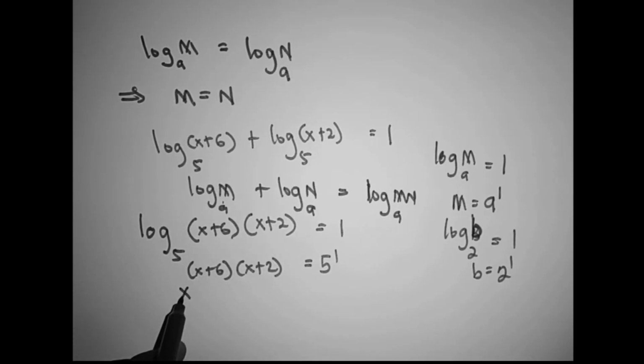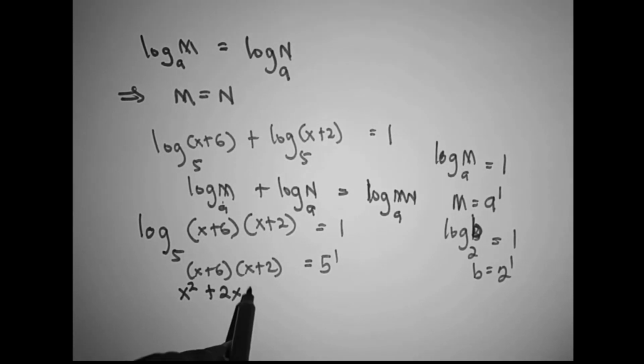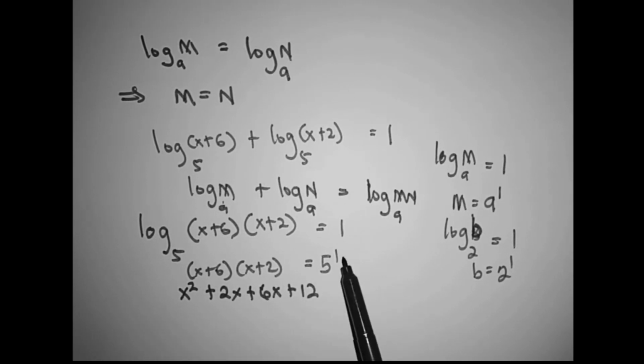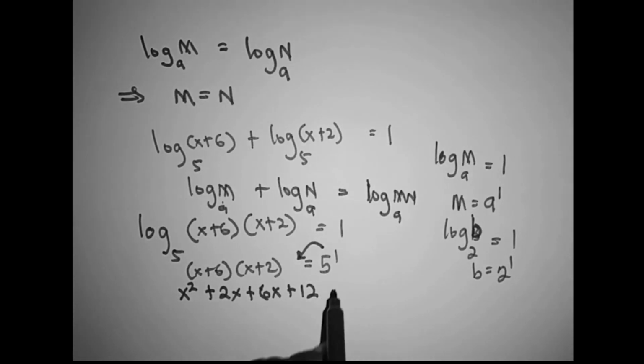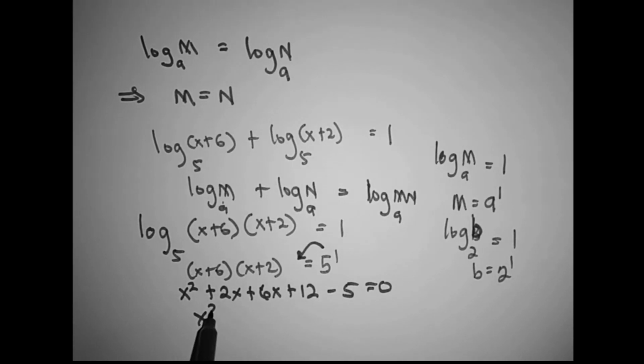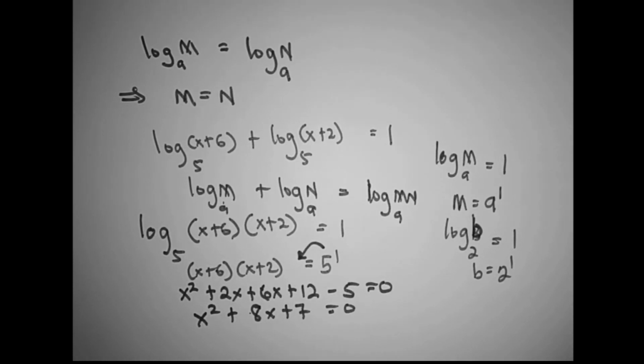So x times x is x squared, plus x times 2 is 2x, plus 6 times x is 6x, plus 6 times 2, 12. Then 5 exponent 1 is 5. Then I'm bringing that to this side. It becomes minus 5 equals 0. So this then becomes x squared plus 8x, 12 minus 5 is 7, so plus 7 equals 0.